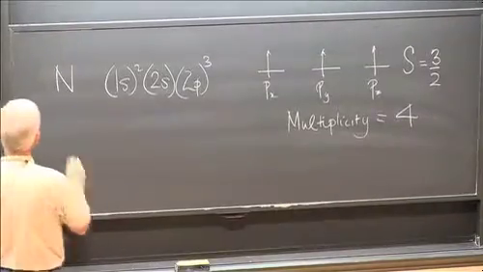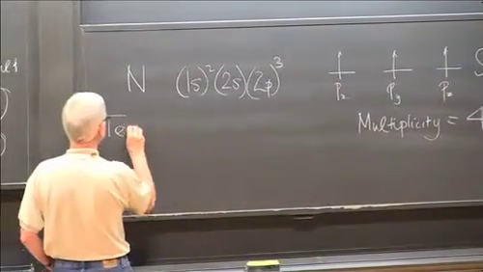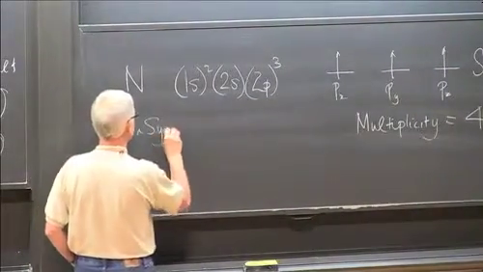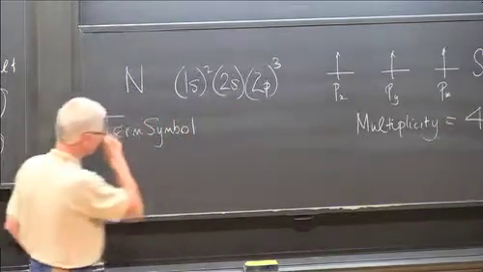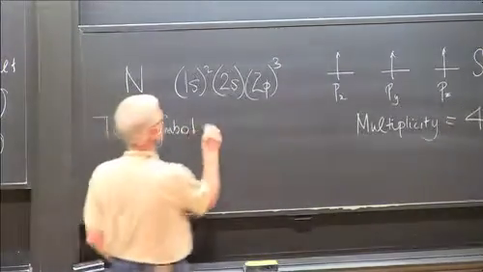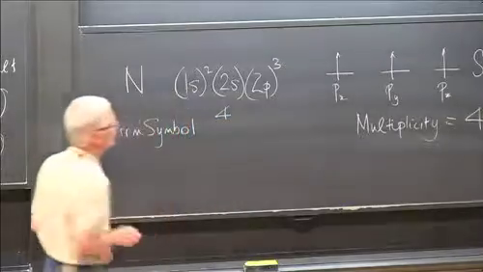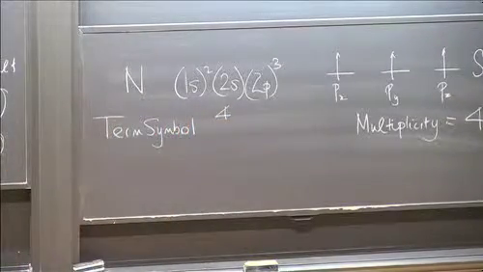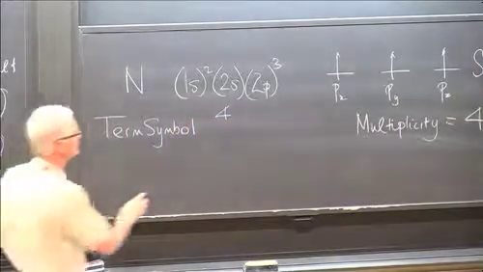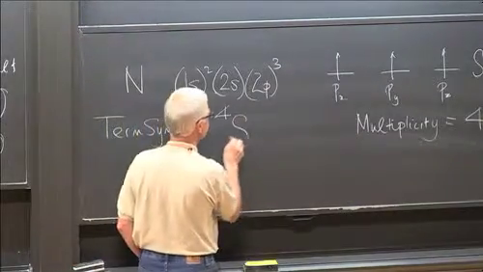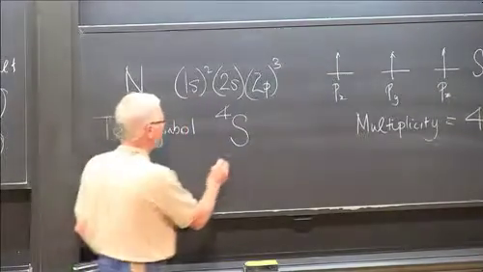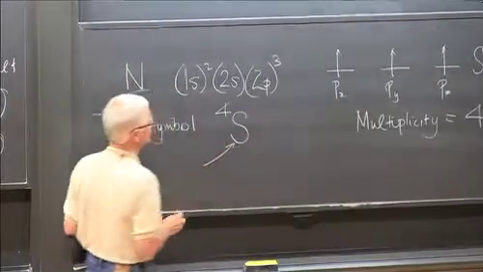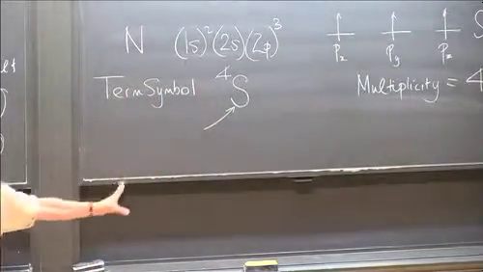And we can describe it using what we call a term symbol, in which we put the multiplicity at the top left-hand side, and then we put a symbol, which in this case is S. And this is a little bit confusing because this has got nothing to do with spin.